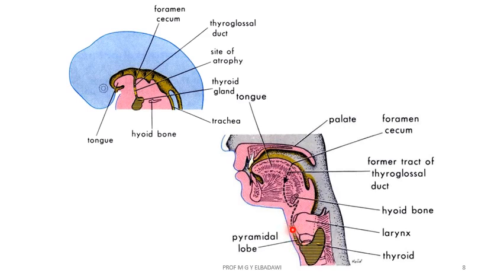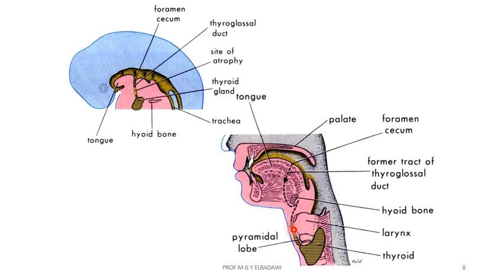Its lower part sometimes forms the pyramidal lobe, and along that tract to the hyoid bone another structure may be present, which we call the levator glandulae thyroideae, which attaches the pyramidal lobe to the hyoid bone.